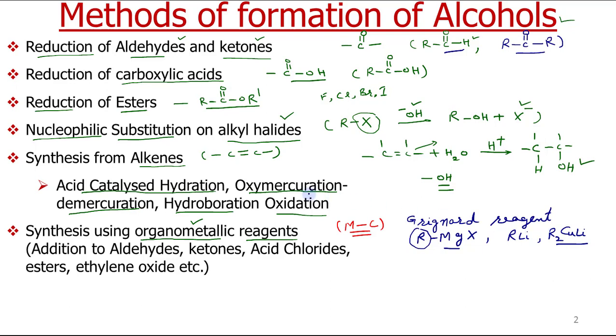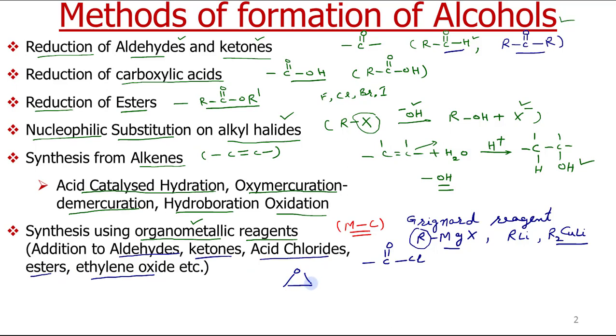And to synthesize them, we have to react these organometallic reagents with aldehydes or ketones or with acid chlorides. Acid chlorides are compounds having the functional group COCl. Esters I have already mentioned. Ethylene oxide, which is also called epoxide.